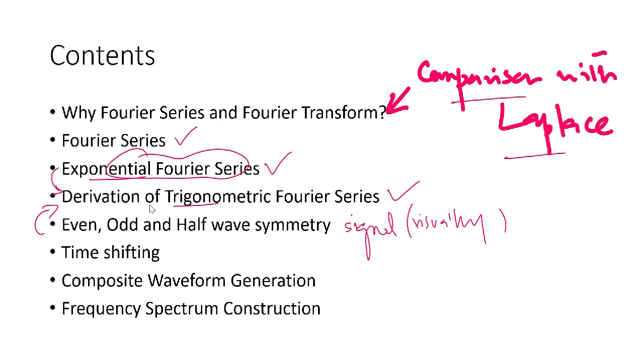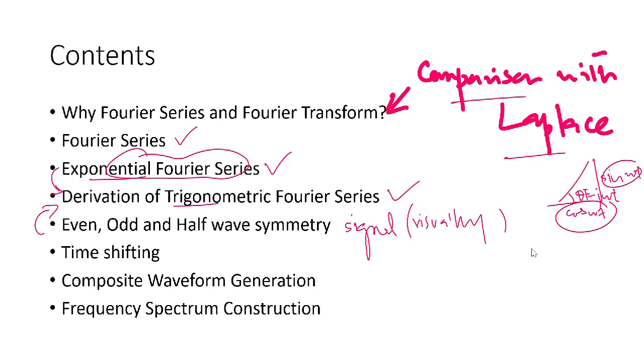But the trigonometric Fourier series, as the name suggests, will have the cos component and the sine component, and there would be some phase with it. So this theta is equal to j omega t, and cos omega t and sine omega t would be the components of the trigonometric Fourier series.